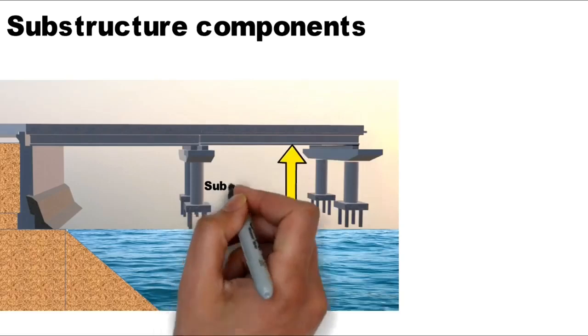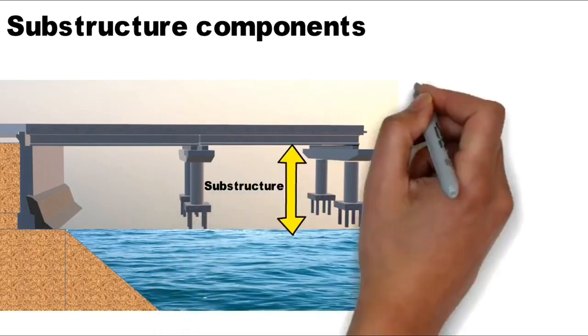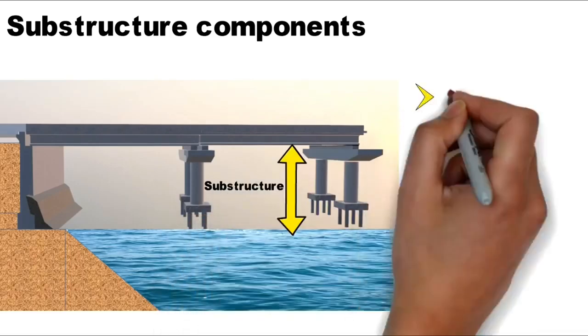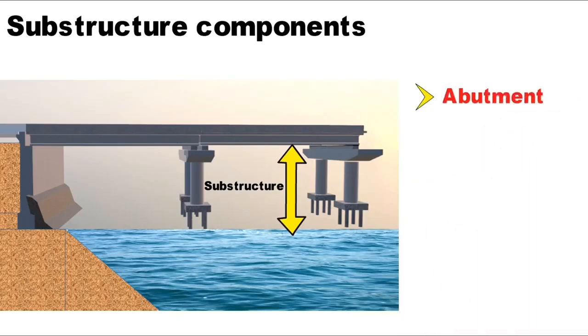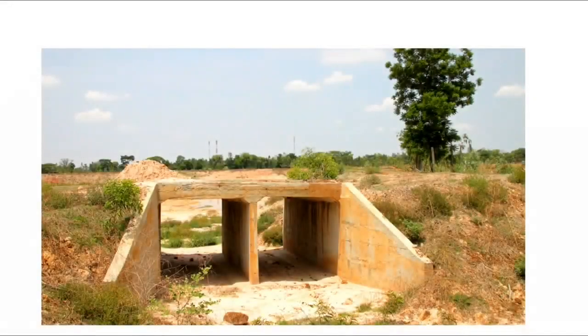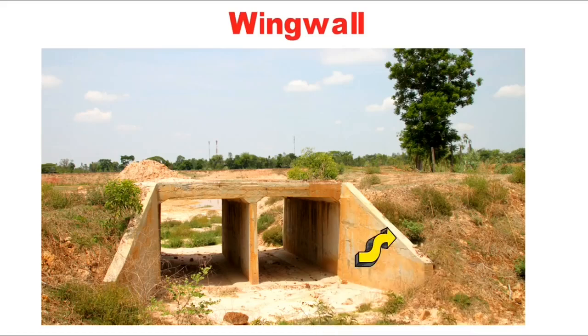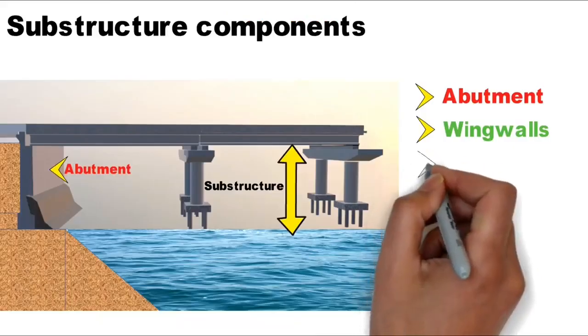The first major substructure component is the abutment. This is the abutment. The second one is the wing wall. It is a continuation of the abutment, and this is the wing wall. The third one is the pier.